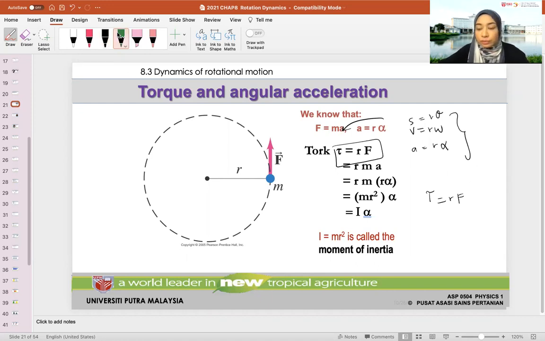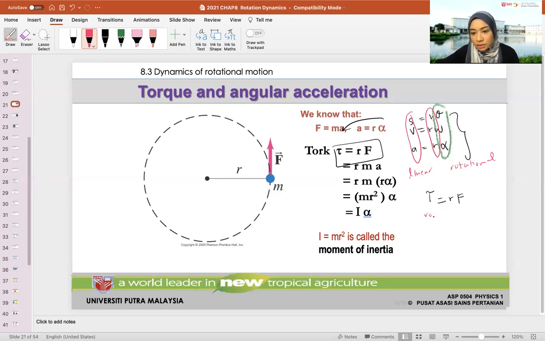But I want you guys to really notice something here. Over here are your rotational parameters, rotational terms. This is your linear terms. But all of them are connected by r.